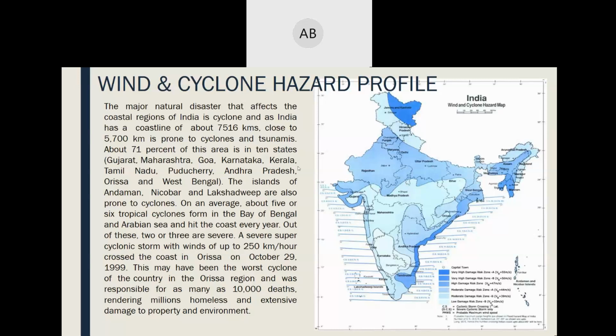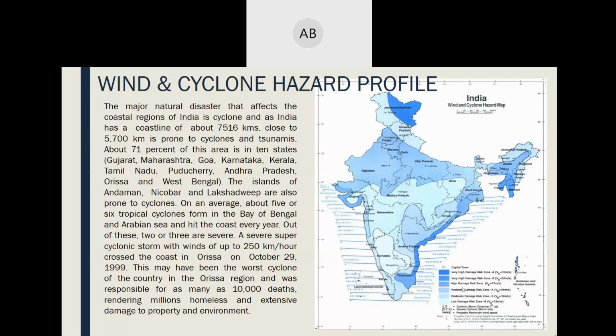And then inside the country, in the western part also, Gujarat is affected by some of the cyclonic activities, maybe from the Arabian Sea. And then also some parts in Mizoram and Tripura, including Jammu and Kashmir.